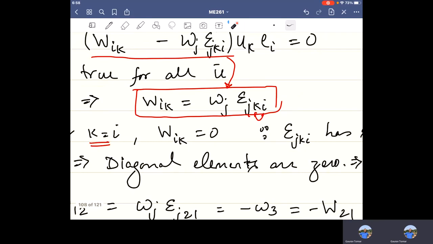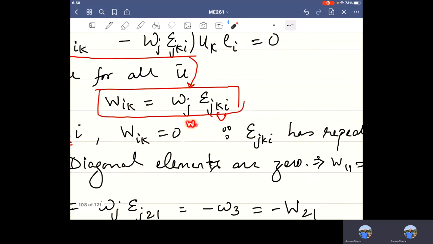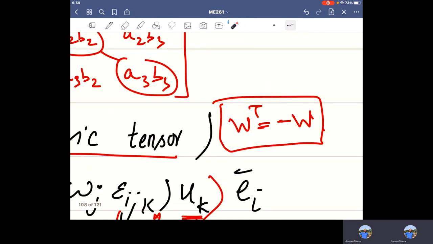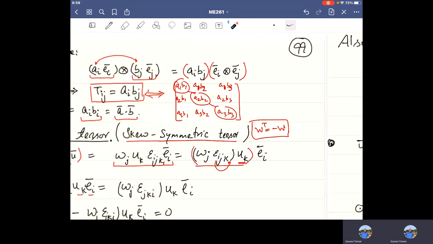So W11 equal to W22 equal to W33 will all be 0. For any general anti-symmetric tensor, you can conclude that the diagonal entries would always be 0. You can see it from here also: if you take W transpose, using this relation, you will reduce it to 0, correct?